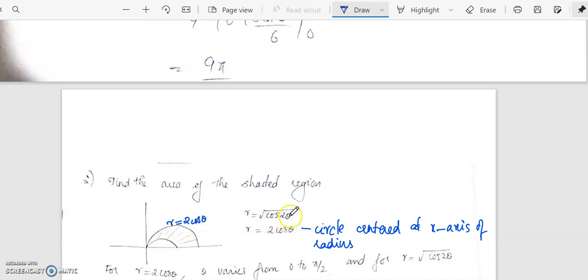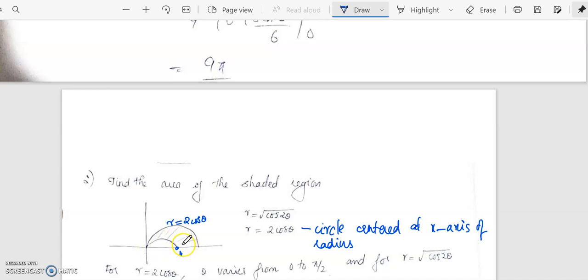For the other curve, when theta equal to 0, cos 0 is 1, so the value of r will be 1. Now cos 2 theta will become 0 when theta is equal to pi by 4. So when we take theta equal to pi by 4, cos 2 pi by 4 gives cos pi by 2. Cos pi by 2 is 0. So this will be 0.